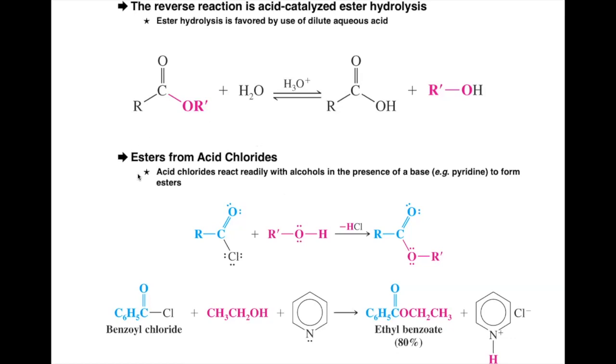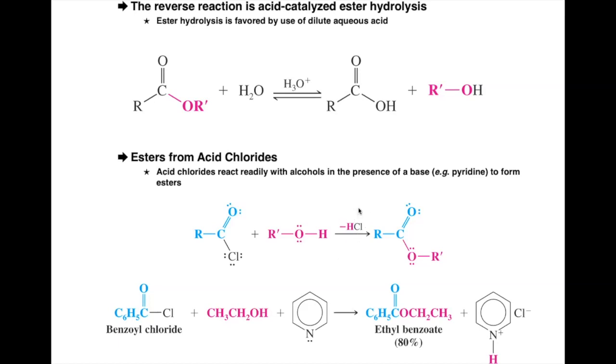Now, esters can also be formed from acyl chlorides. So you have an acyl chloride together with an alcohol. This time you don't need to add an acid catalyst, but instead we need to add a base, so that we can remove the hydrochloric acid formed.